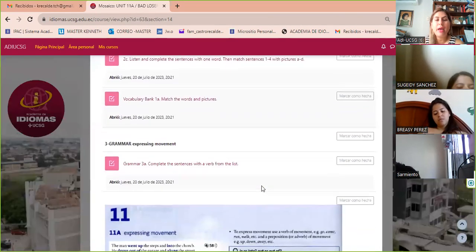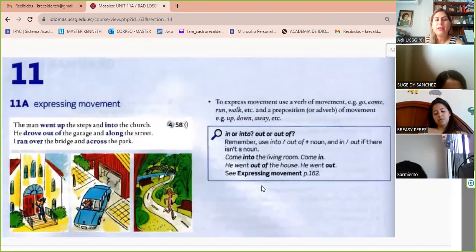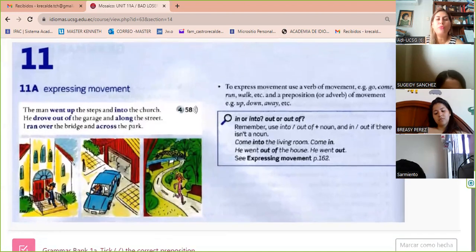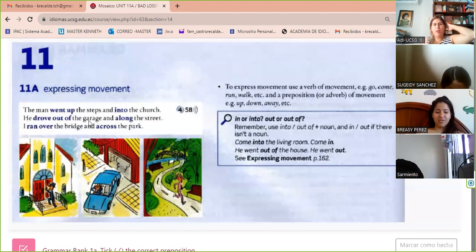Let's see. Now we have here the vocabulary expressing movement. So I'm going to ask Bresi, could you please read the 3 sentences here? The man gets up the steps and into the church.